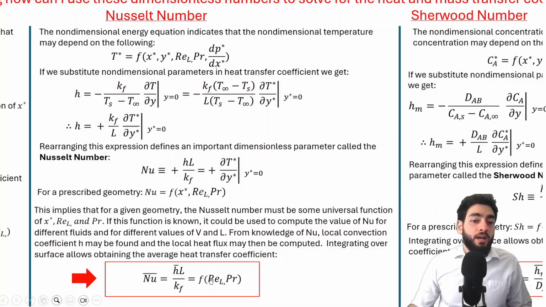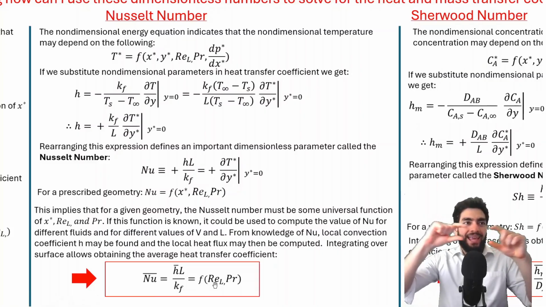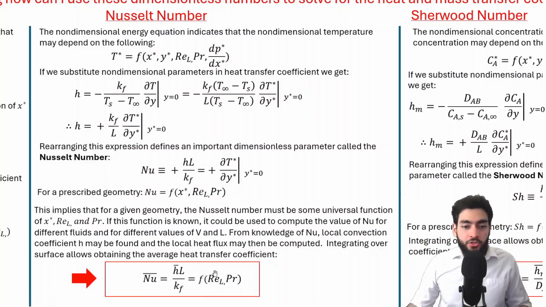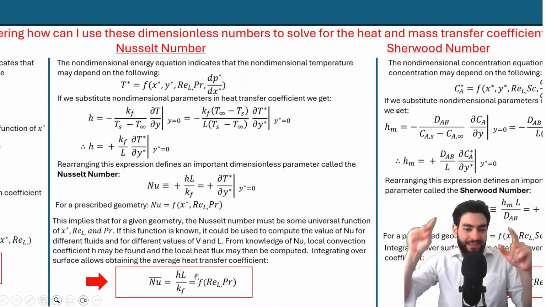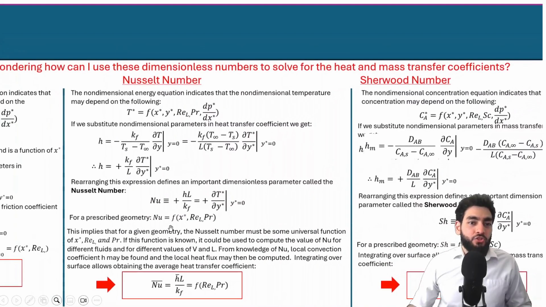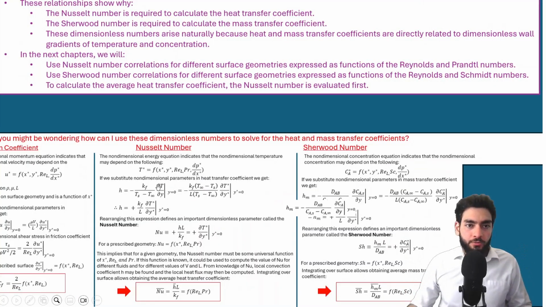You'll need to plug your Reynolds number and your Prandtl number into some kind of analytical or experimental equation that gives you an average Nusselt number, which you then use to solve for the average heat transfer coefficient. I'm just giving you a heads up of what you should expect.